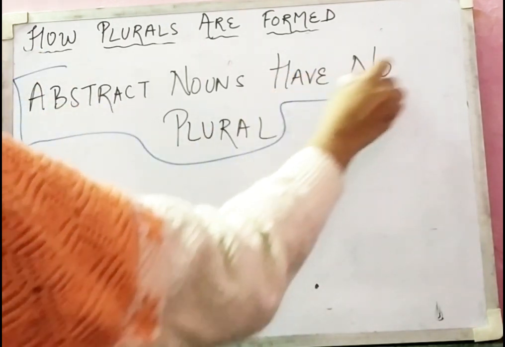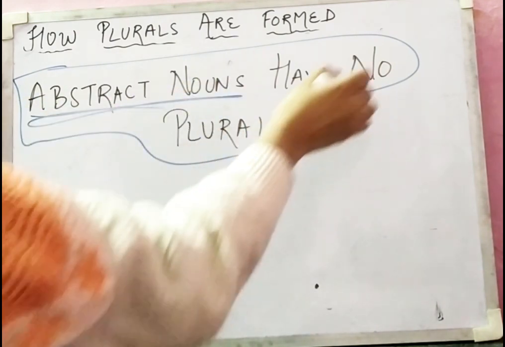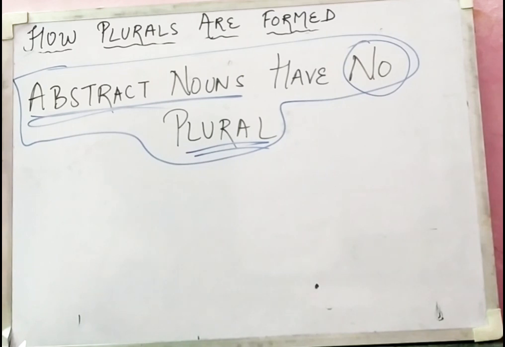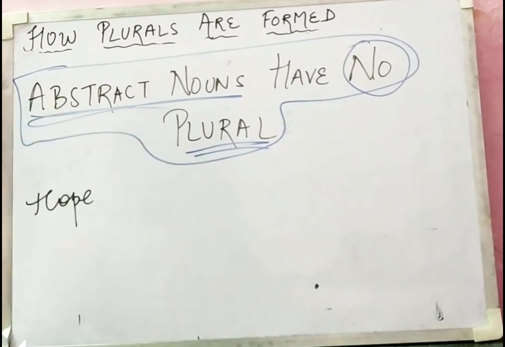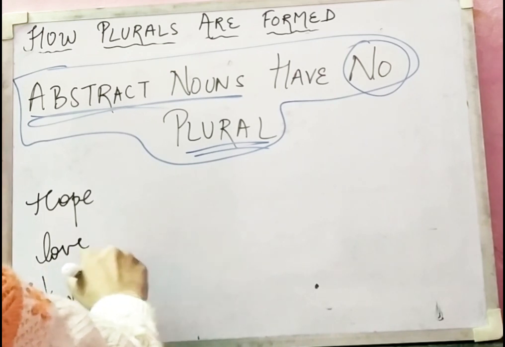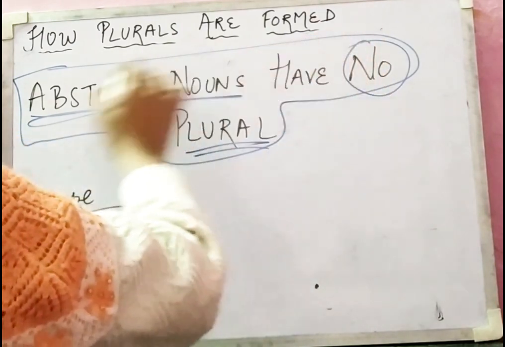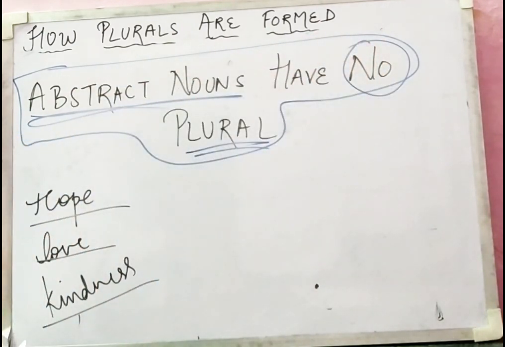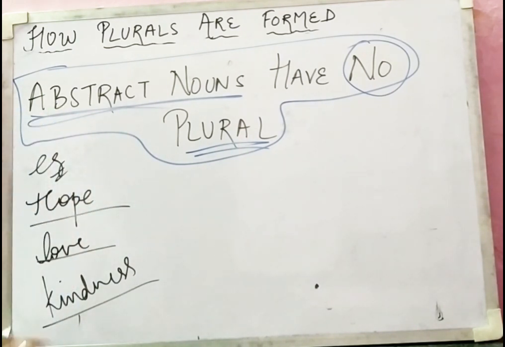No plural means we will not write hopes. I am giving an example of abstract nouns, that is hope, the things that we can feel, hope or love or kindness, but we can't say that these are plural, as abstract nouns have no plural. So these are examples of abstract nouns. I think this is clear.